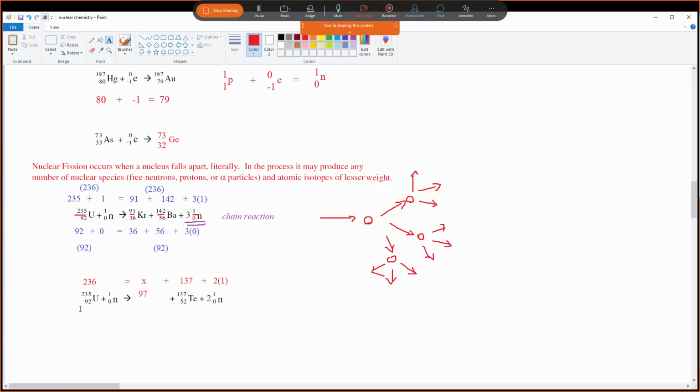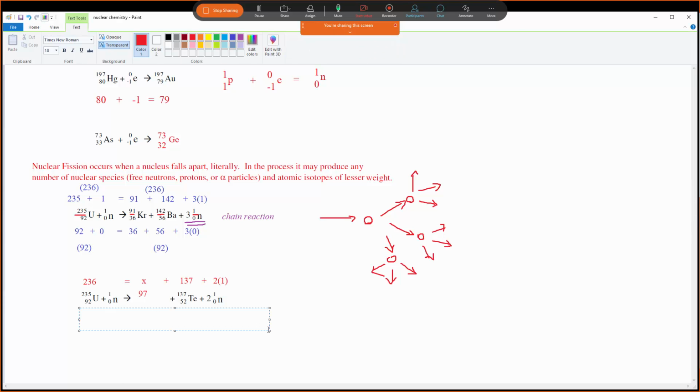And then Sarah did the same thing down here. She says 92 plus 0 is 92, and that's got to be equal to, we'll call this y, plus 52 plus 2 times 0.